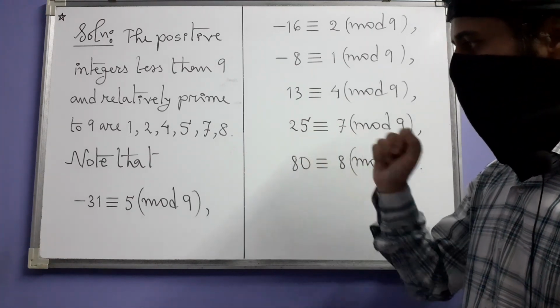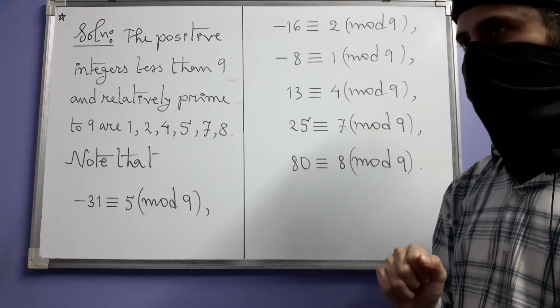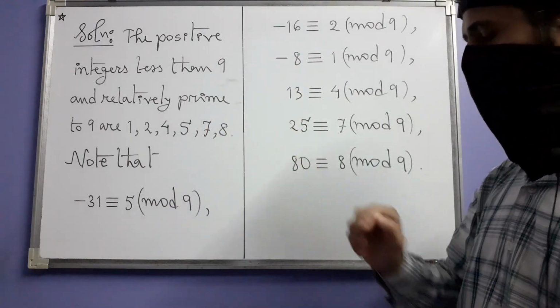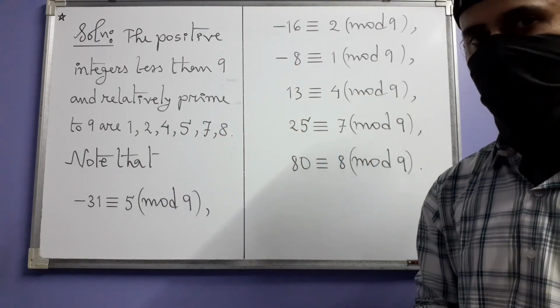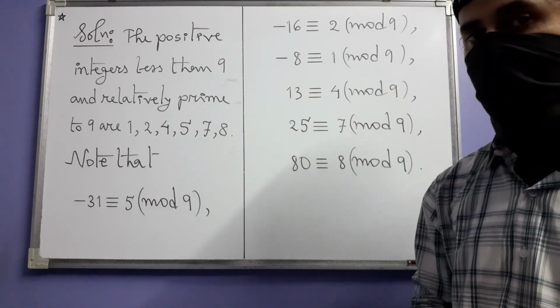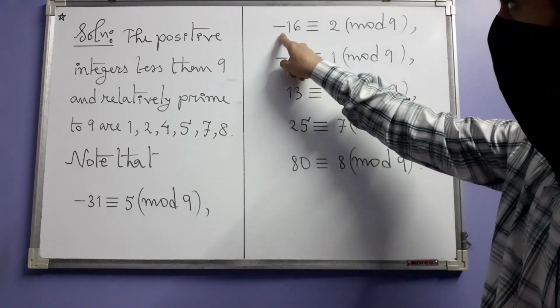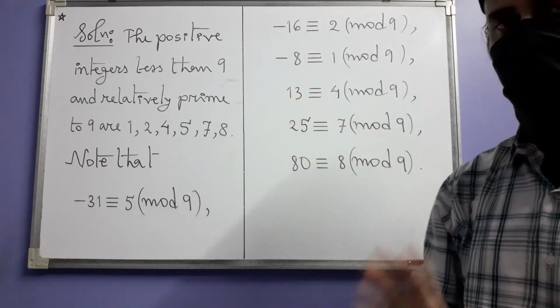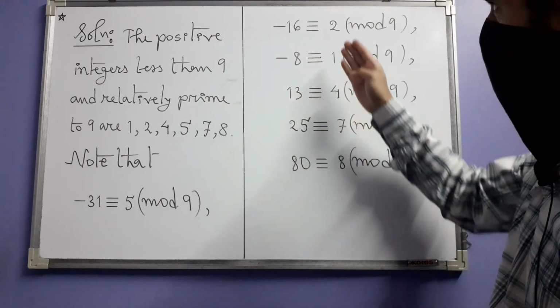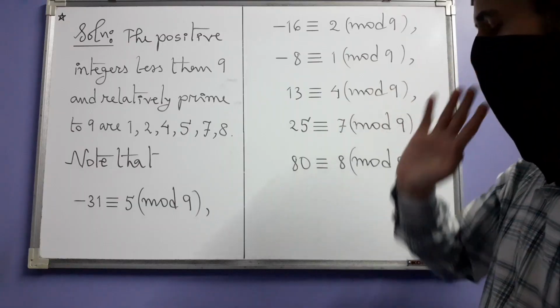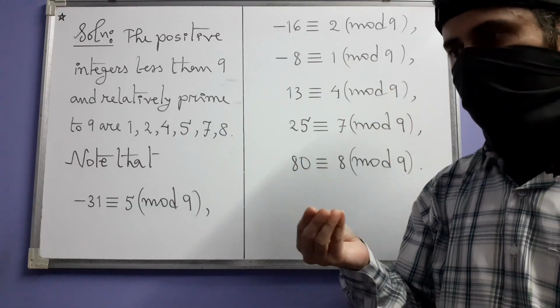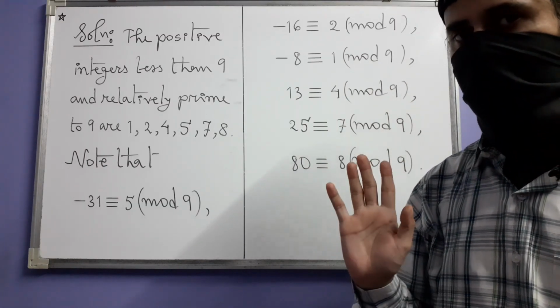And these same congruences also show that no two of these numbers can be congruent to each other modulo 9. How? Suppose that's not true. Say minus 16 is congruent to minus 8 modulo 9. Then 2 has to be congruent to 1 modulo 9, which you can verify numerically that it's not the case.